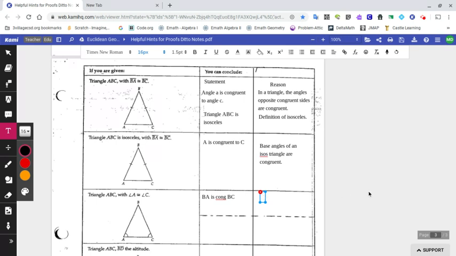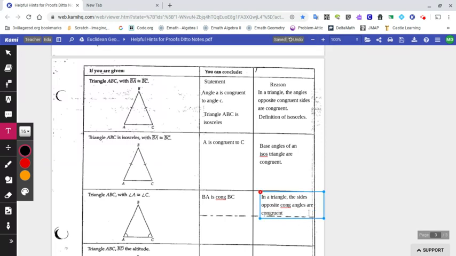So I'm going to say over here, in a triangle the sides opposite congruent angles are congruent. That's what's called the converse of this other statement.